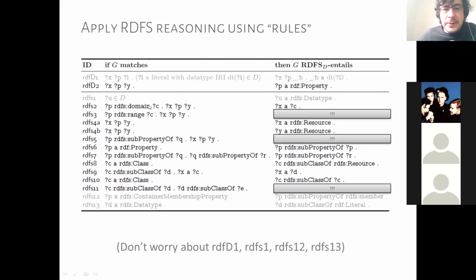Here we have P domain C, X, P, Y. So if P has domain C and X uses that property P, X, P, Y, then we can infer that X is of RDF type C, using the Turtle syntax of a. Okay, so we have a question mark here. If we have P range C and X, P, Y, what could we infer here? Any ideas?